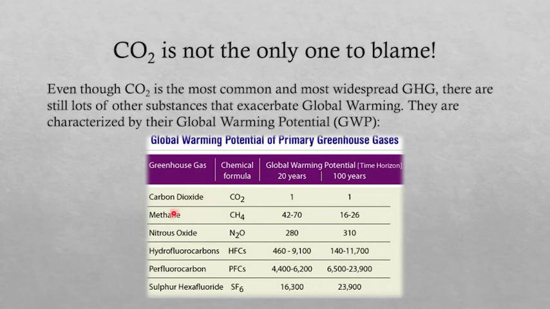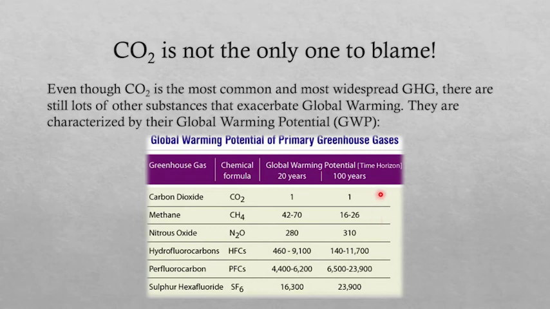If we compare that to methane, which has a 100-year global warming potential of between 16 to 26, this means that methane is approximately 16 to 26 times worse than carbon dioxide. That means that methane is much more potent than carbon dioxide in trapping heat in our atmosphere.